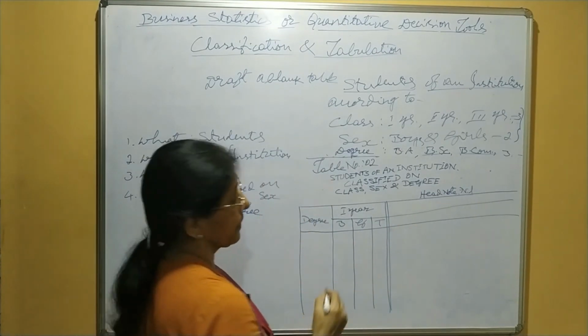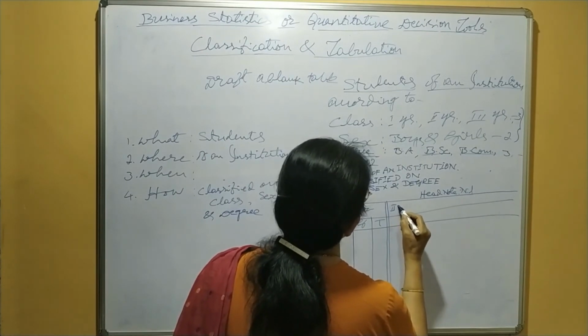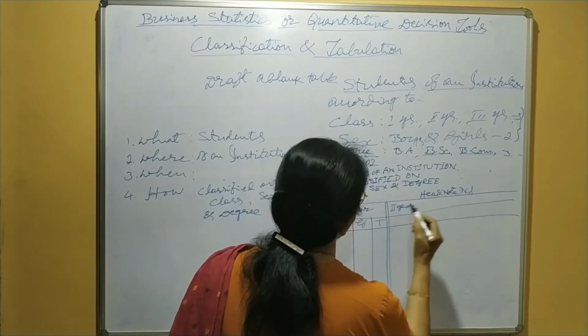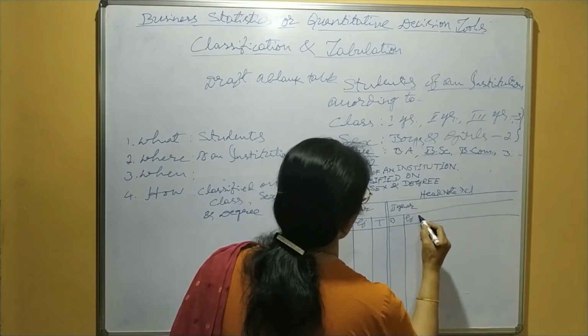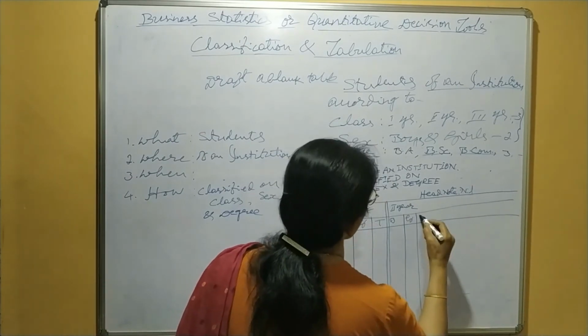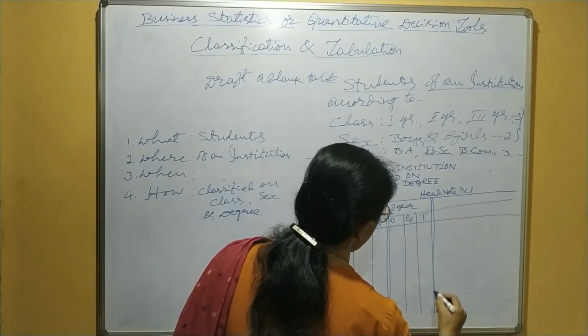Here close this main column. Then take second year, boys, girls, total. Close this main column.